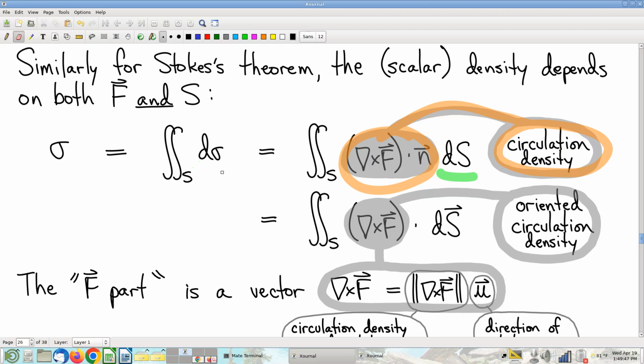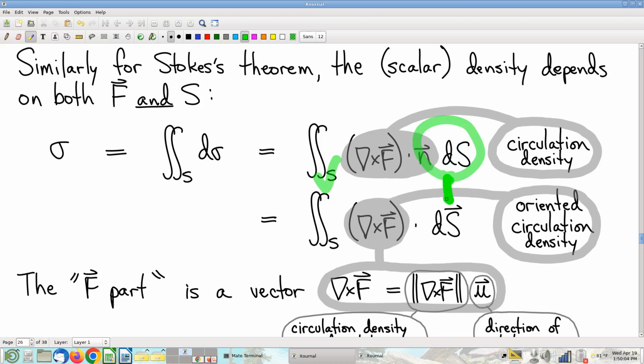But again, it's kind of weird to have this as the differential and this as part of the integrand. Both of those factors are telling me about my little piece of surface. These make sense to be grouped together.